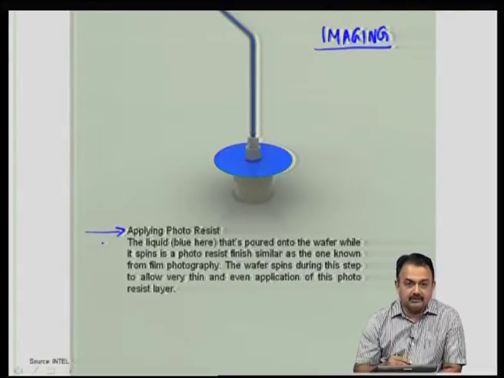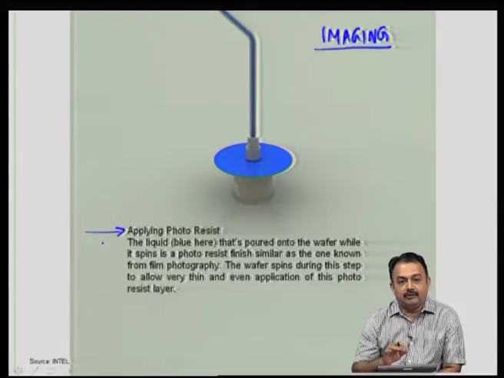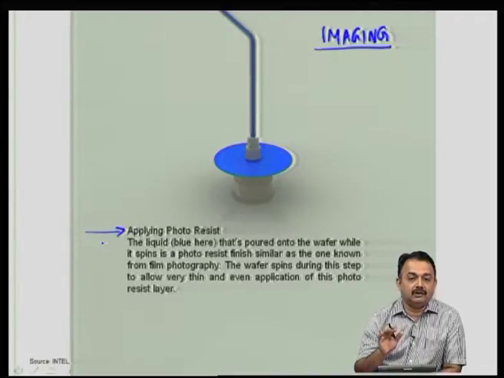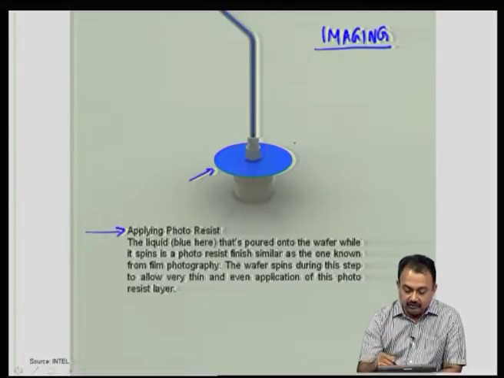In this picture, the blue color depicted is the liquid photoresist material that is applied. The liquid is poured onto the surface of the wafer, and you have to make sure that the thickness of the photoresist is uniform throughout the surface of the wafer. You can't have uneven thicknesses from one end of the wafer to the other.